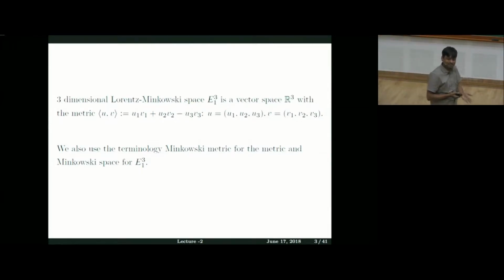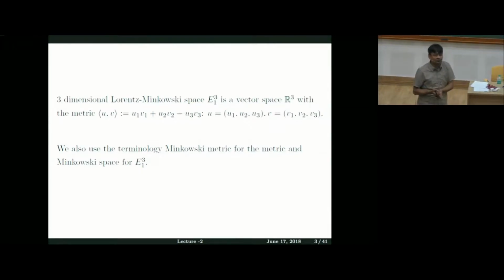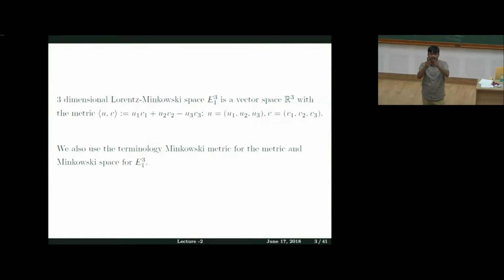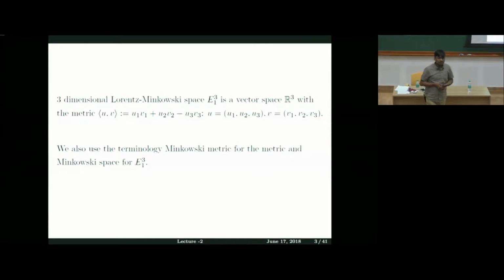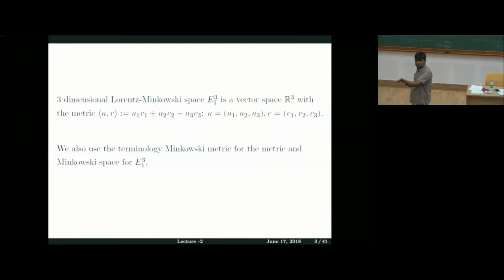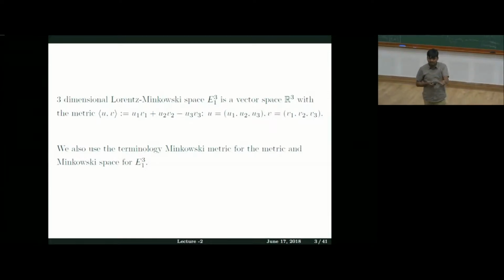Here you may have some vectors which are not equal to 0, but whose length, basically the inner product of v with v, equals 0. So suppose v equals x comma y comma z. What are those vectors? Those vectors are x, y, z such that x squared plus y squared equals z squared. These are the vectors.